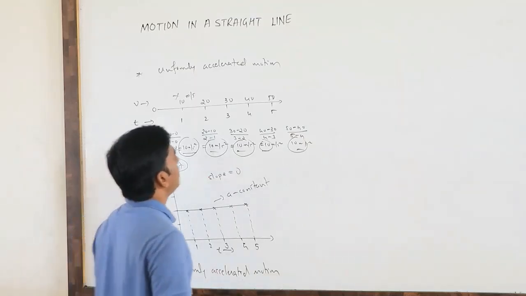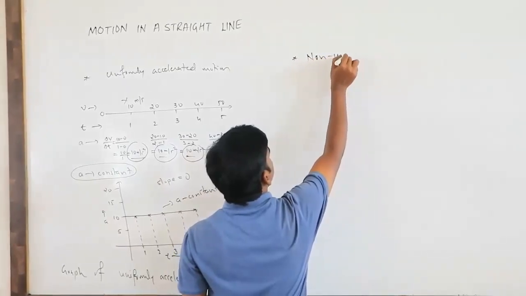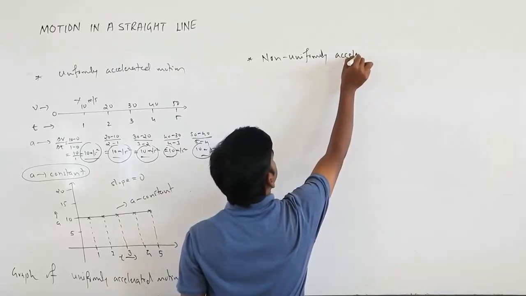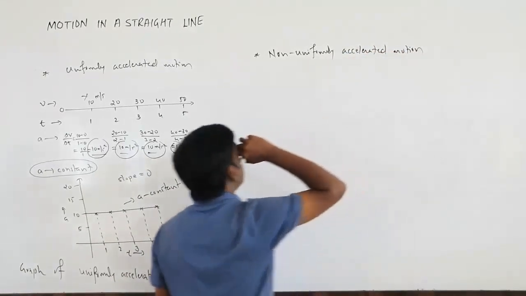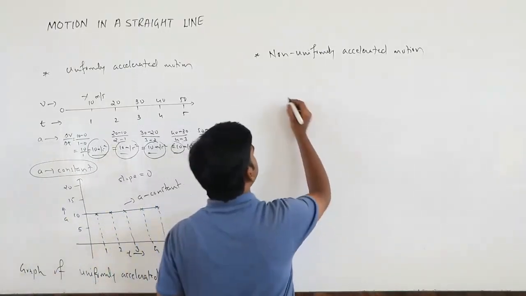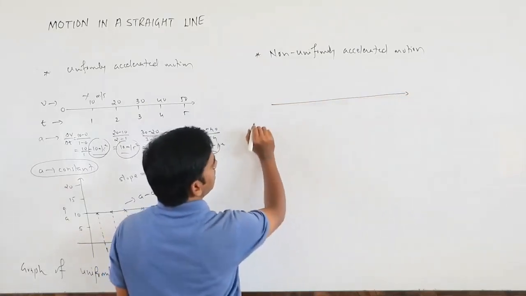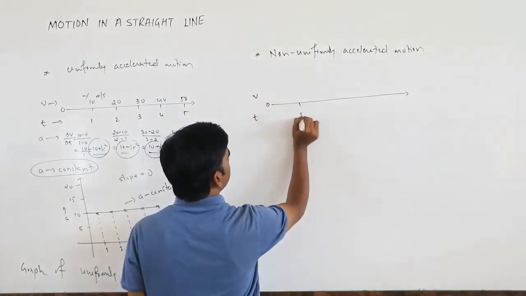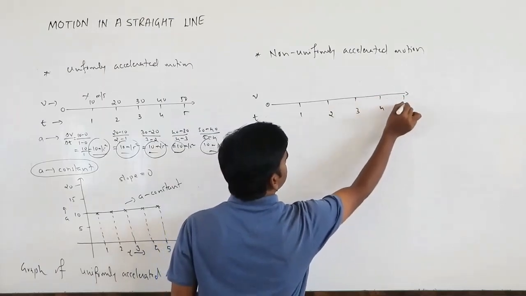So now we can take an example for non-uniformly accelerated motion also. You can take any values. Say it started from 0, and the time is 1 second, 2 seconds, 3 seconds, 4 seconds, 5 seconds.